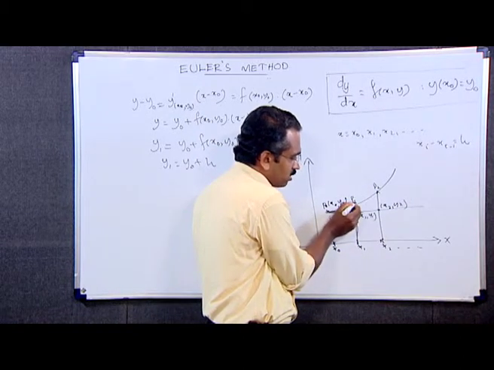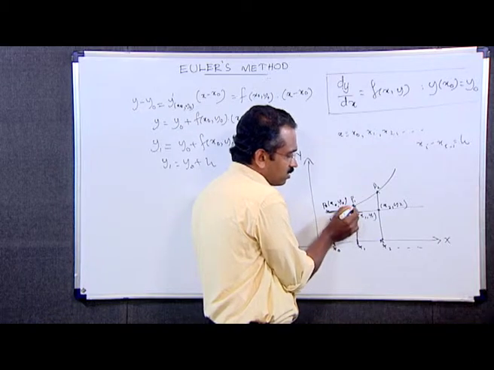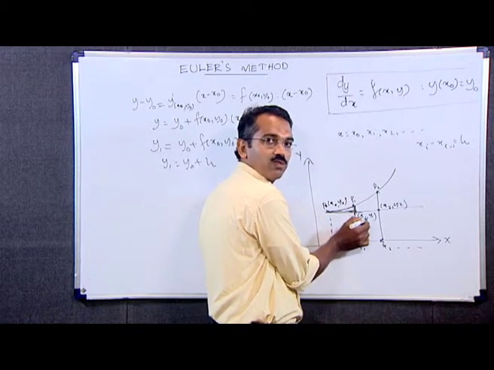Now, here this error at x is equal to x 1 means this is the error, because the actual point is P 1, we approximated the point P 1 by x 1, y 1.